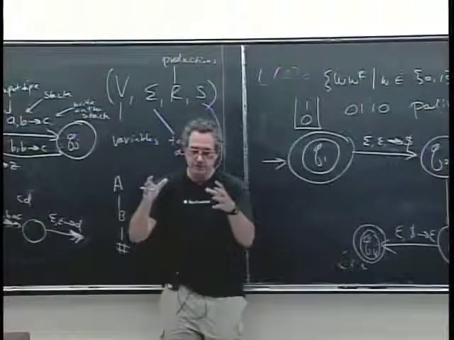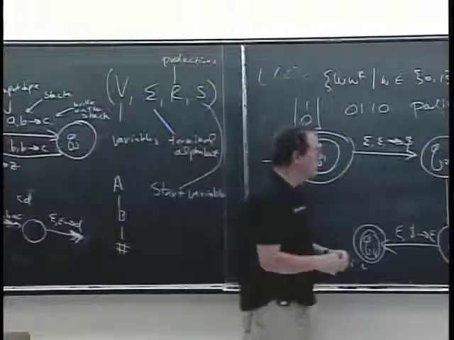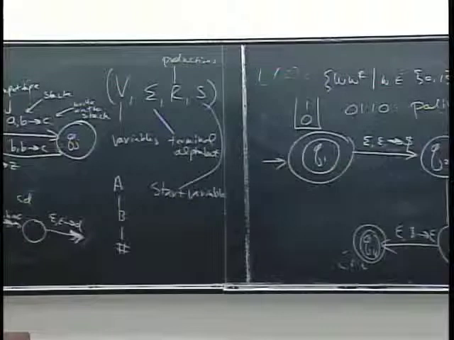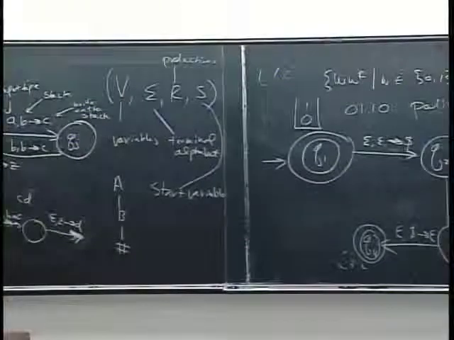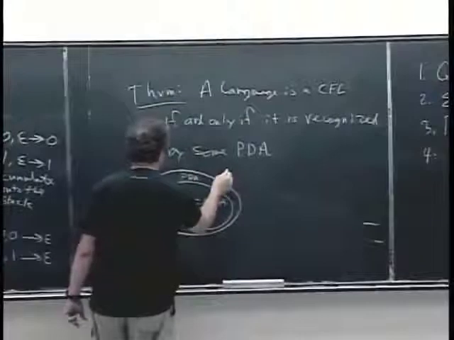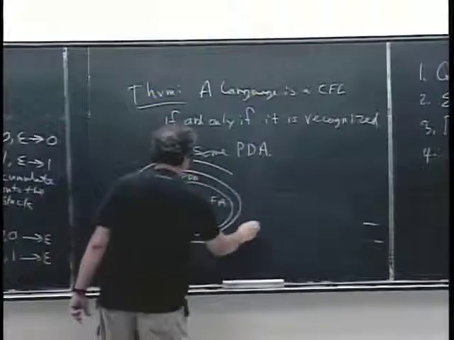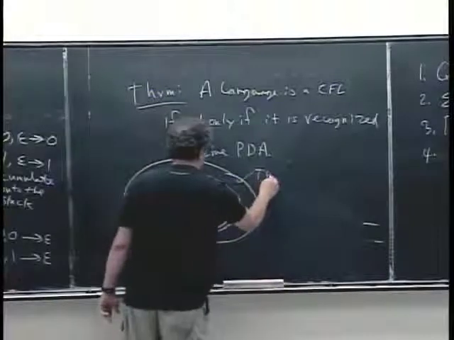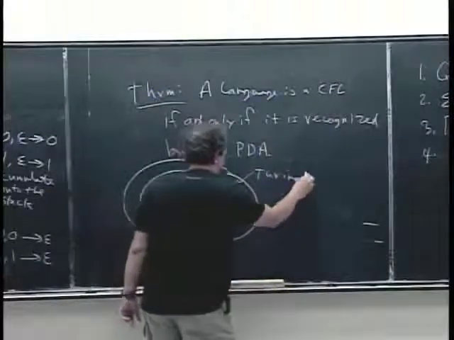Okay, so there's this hierarchy of more and more powerful machines. We have DFAs equals NFAs, and we have PDAs, and there are some other ones, but the outermost ring, the most powerful machines, are called Turing machines.